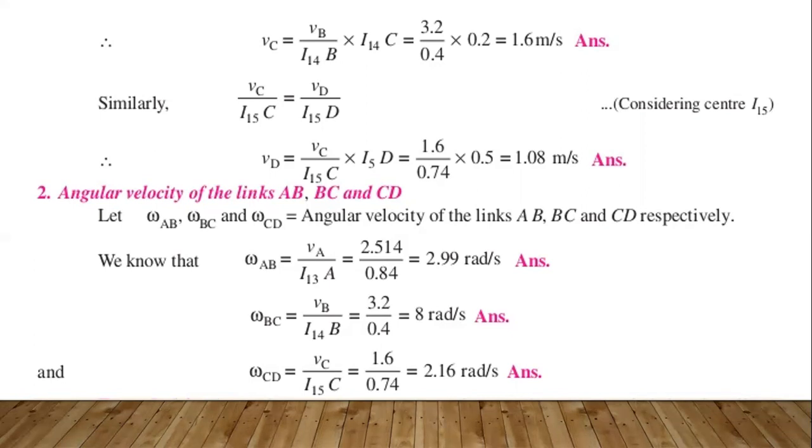So velocity of A is 2.514, and instantaneous center of 13 into A is 0.84. So in total it is 2.99 radians per second.